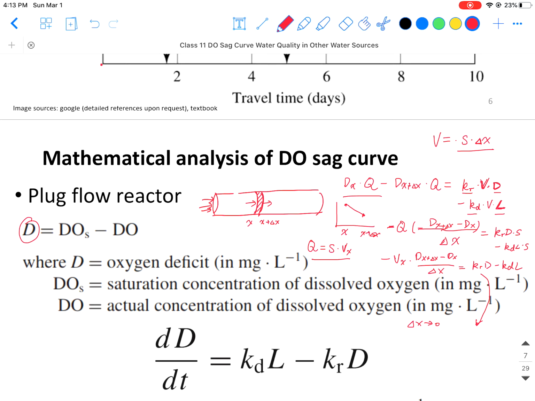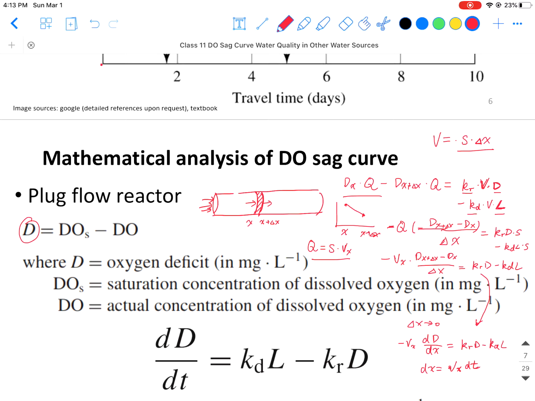Because we're trying to build up a differential equation. So then we're going to have minus Vx dD/dx is equal to Kr D minus Kd L. And further, we know that dx is equal to Vx dt.